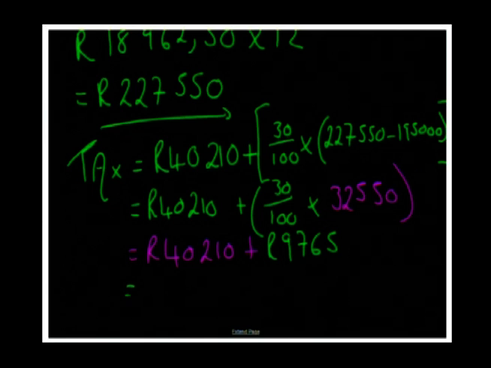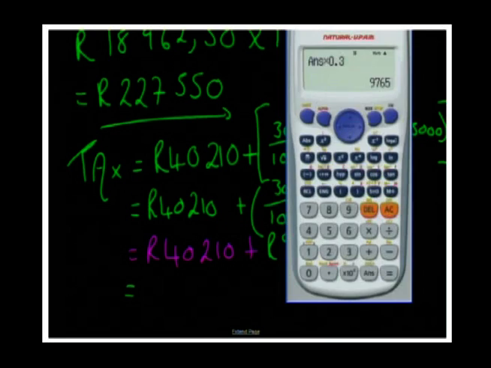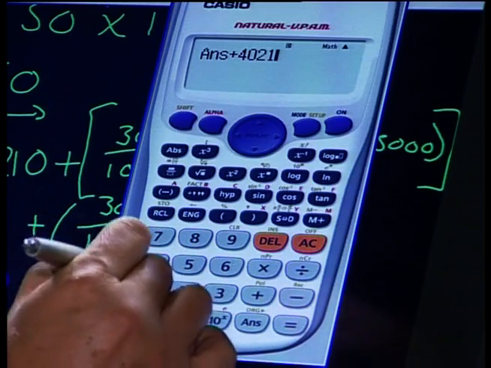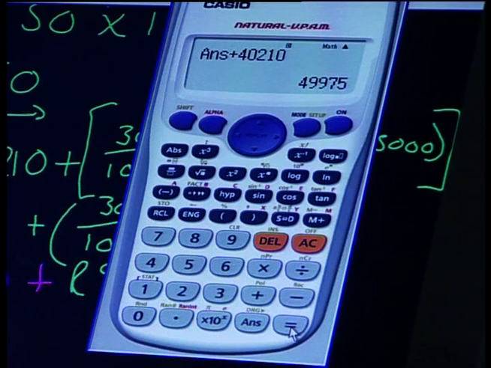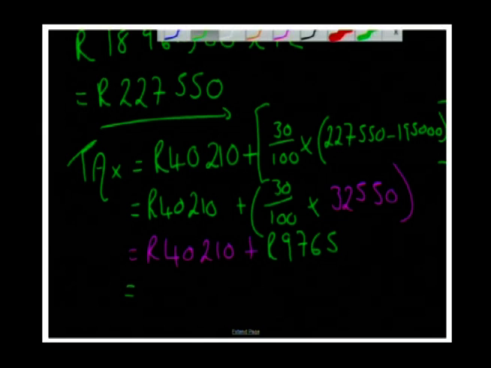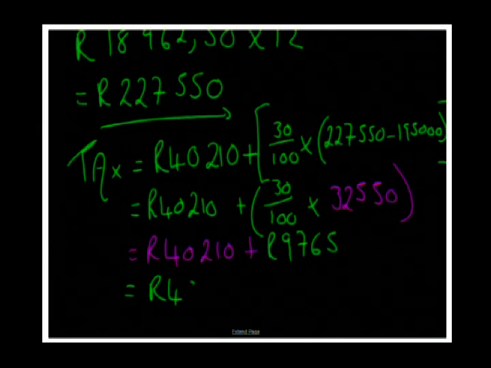So how much tax am I paying? I'm paying the 40,210 Rand plus the 9,765 Rand. So let's just add that. Plus the 40,210 Rand, and my total taxable amount is 49,975 Rand. That's how much money I've got to give to the tax man.